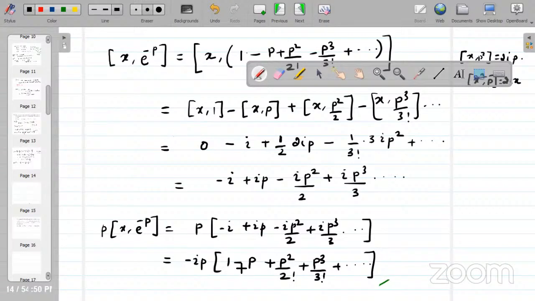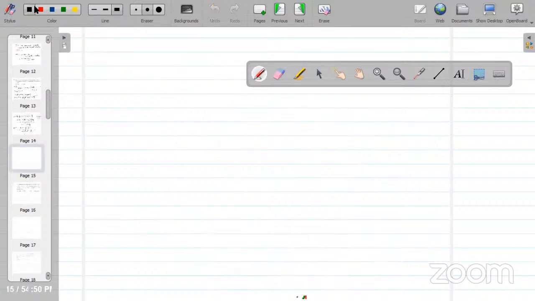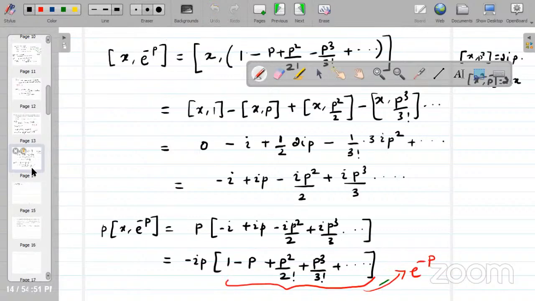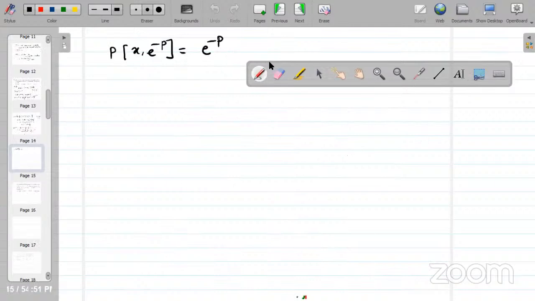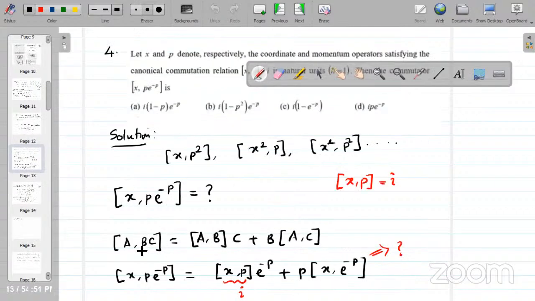So now we have p into [x, e^(-p)] is equal to e^(-p). What? So the original expression, the first one, [x, p e^(-p)].